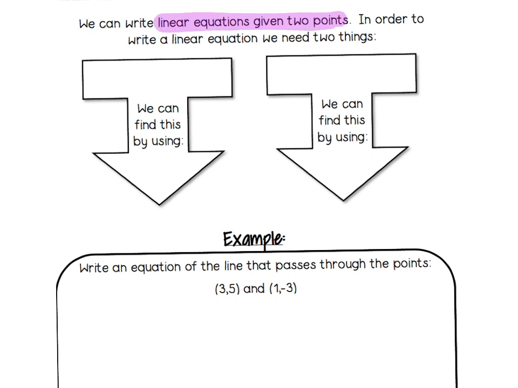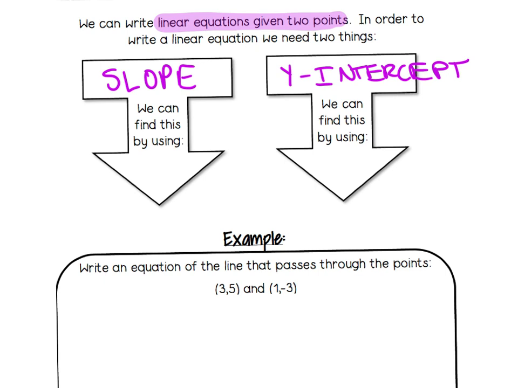All right, so things that we need to know are slope and y-intercept. We can find slope by using the slope formula. We know the slope formula is y2 minus y1 all over x2 minus x1.